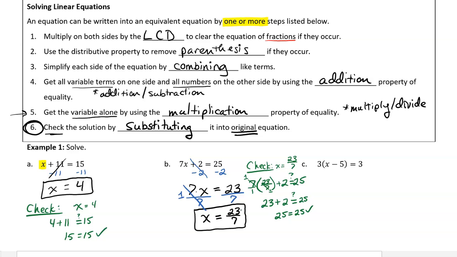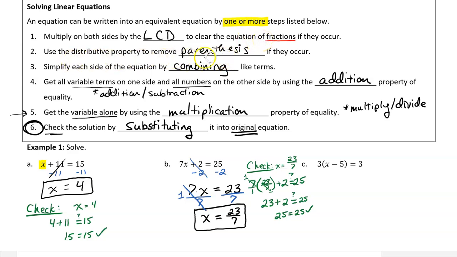One more. We have on part C, 3 parentheses x minus 5 close parentheses is equal to 3. So checking my rules. Again, I don't have a fraction, so that part's cleared away already.